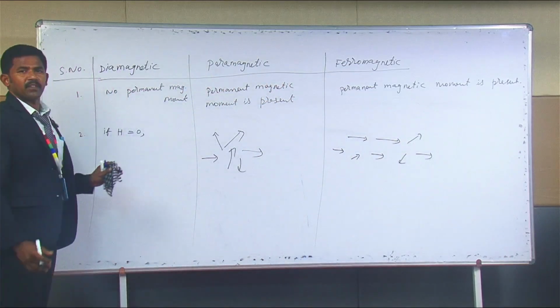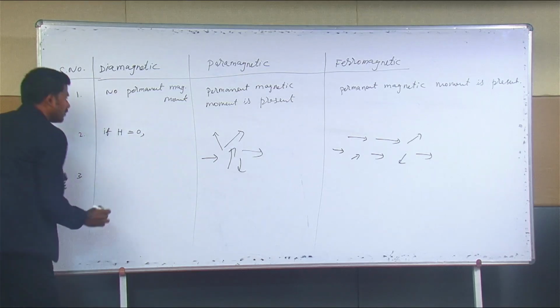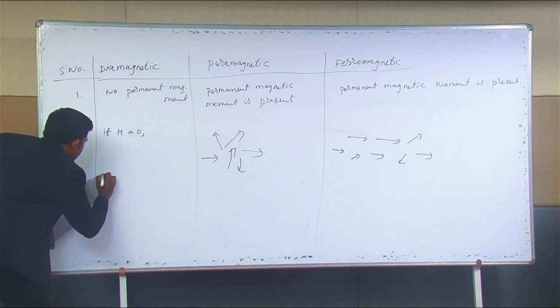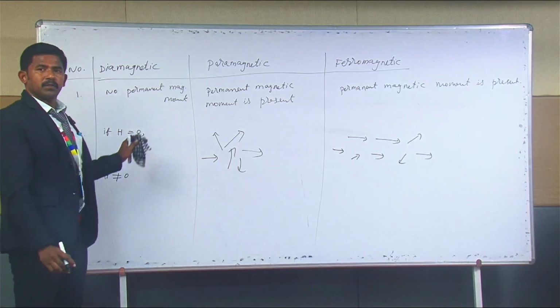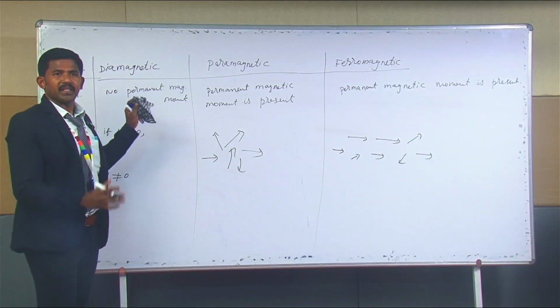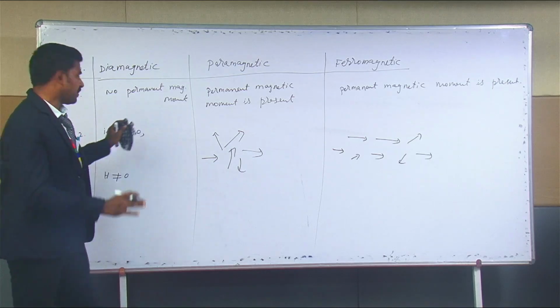The third one is when we introduce the external magnetic field. How is the magnetic alignment? H is not equal to 0. In diamagnetic material, the magnetic moment will repel in the external magnetic field.